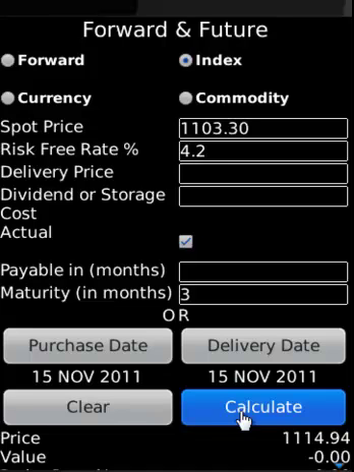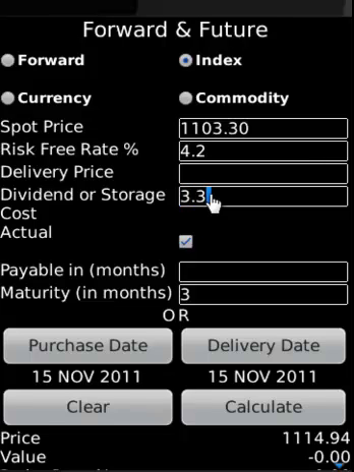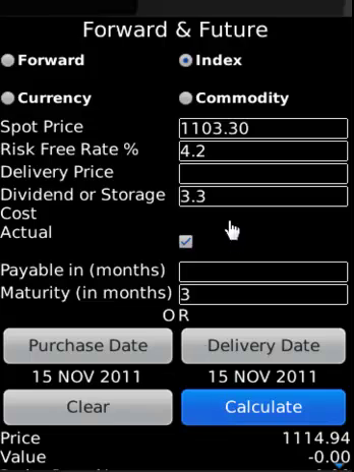This is the price. Say we are paying a dividend yield of 3.3%. In this case 3.3, this is a dividend yield.